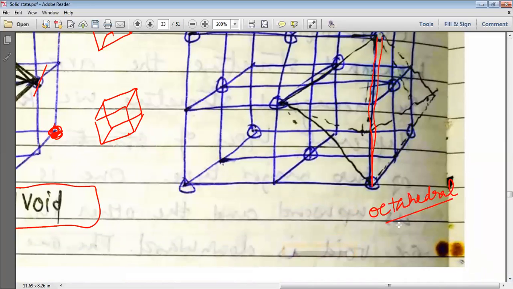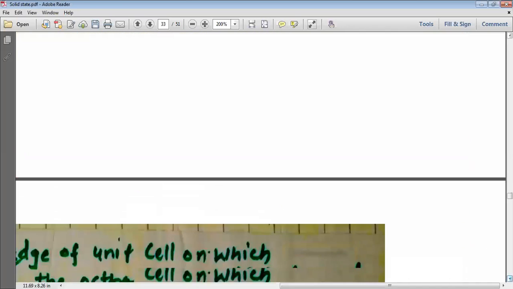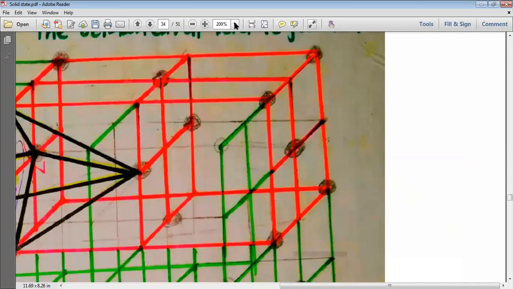This type of octahedral void is present on each edge. And 1/4 of this void is available, and the other 3/4 is shared with the other unit cells. Now, if you do not understand it by words, I'll show you one picture where you can understand it well.